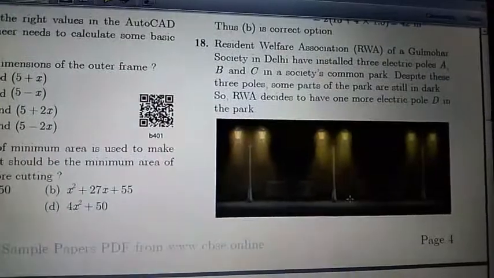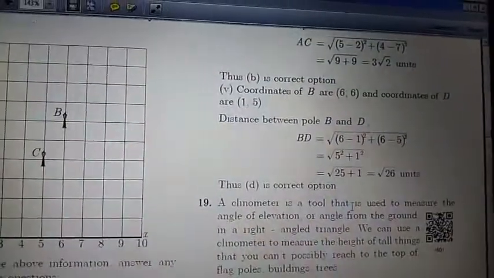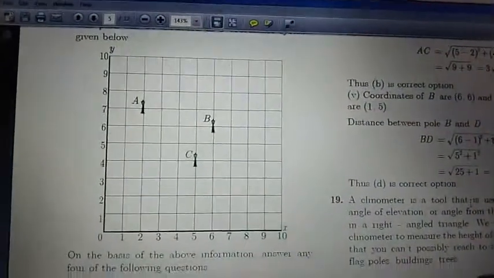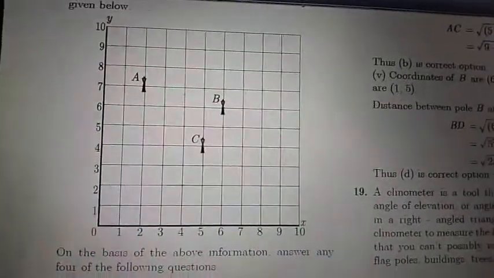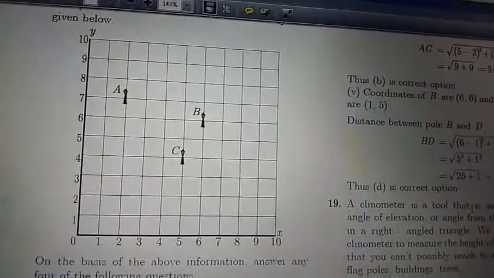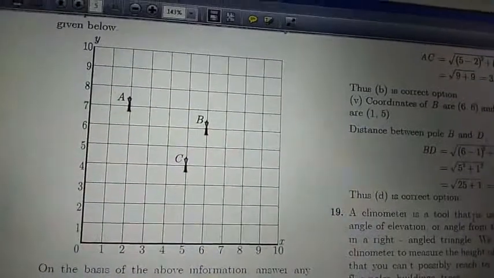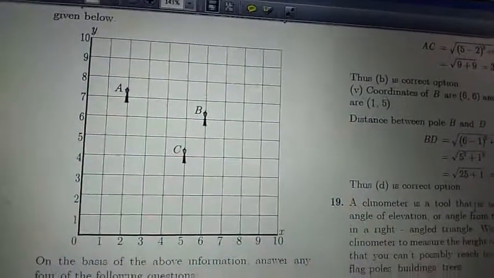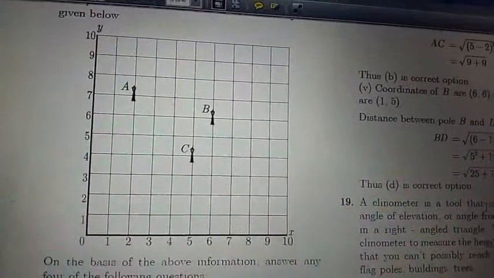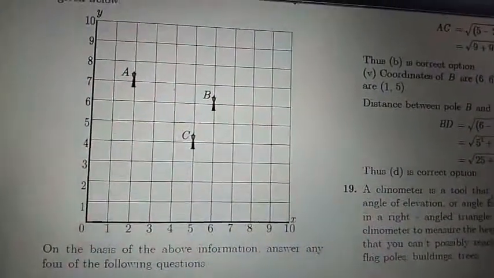So this is the information given, and they have presented the data beautifully as coordinates in a Cartesian plane. They have shown you the data in a Cartesian plane and they have asked a few questions out of it. Let us see what all the questions are.